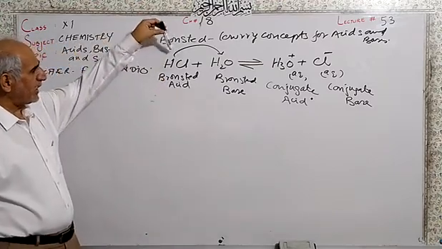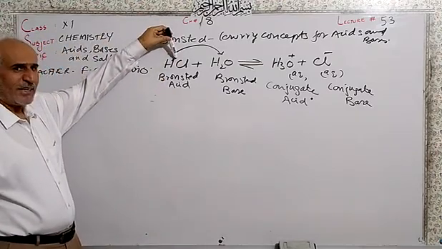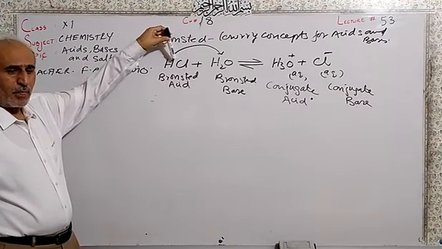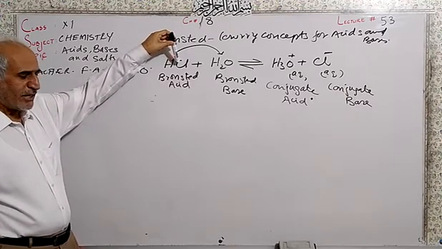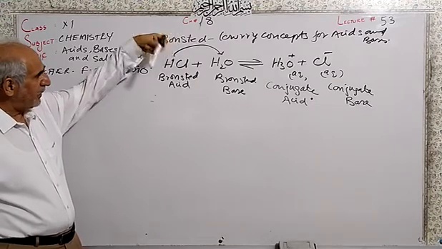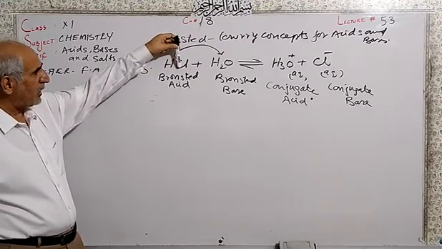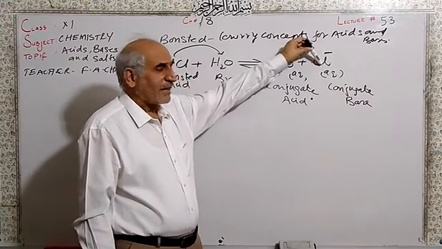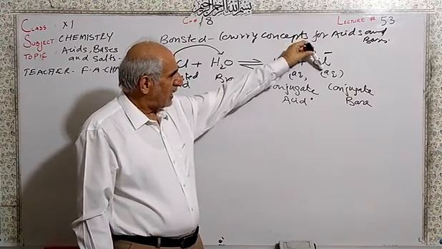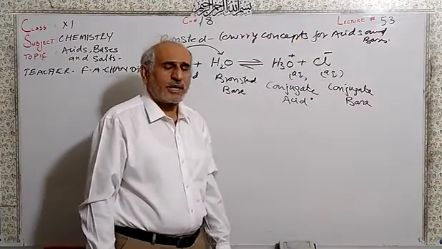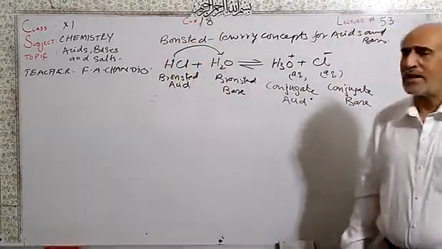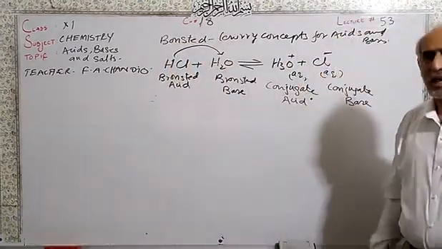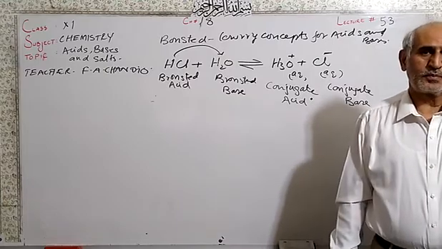For the conjugate base, when a Bronsted acid donates a proton, the resulting species is called the conjugate base. Mostly conjugate bases have a negative charge, and conjugate acids mostly have a positive charge.